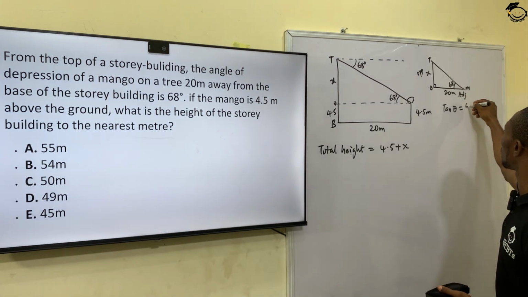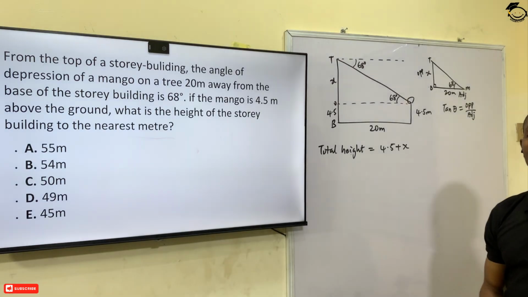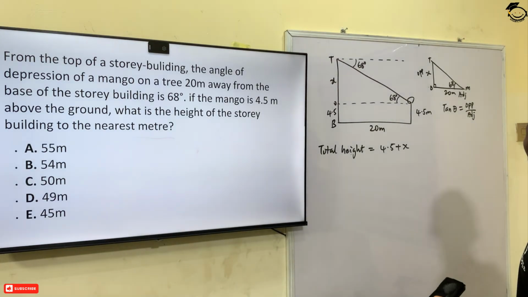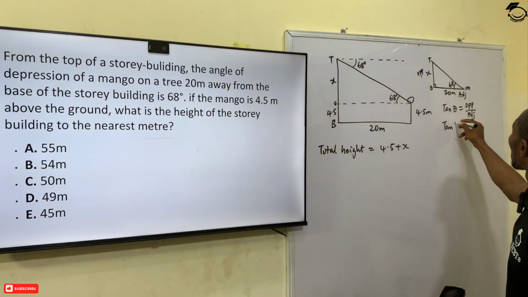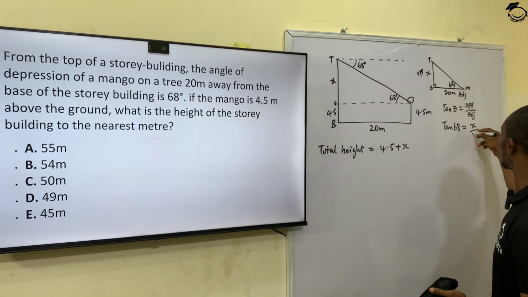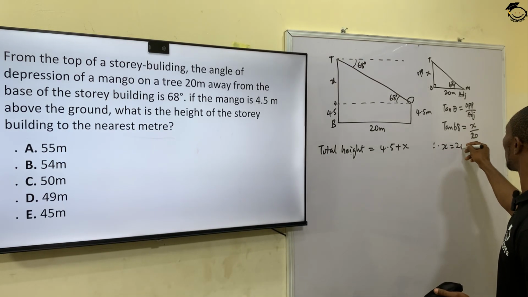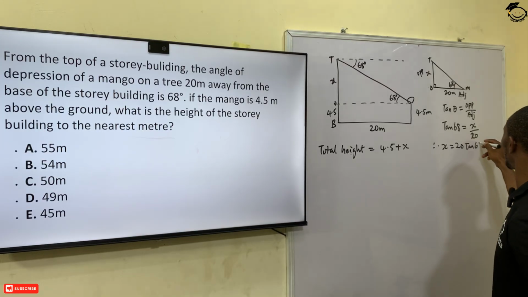Tan theta equals opposite over adjacent. So now this becomes tan 68 equals opposite, which is x, over adjacent, which is 20. So therefore, our x equals 20 tan 68.